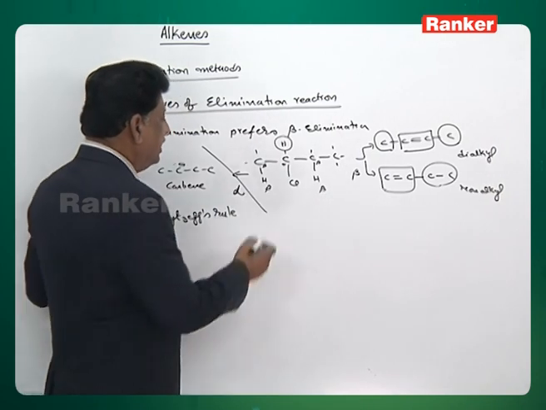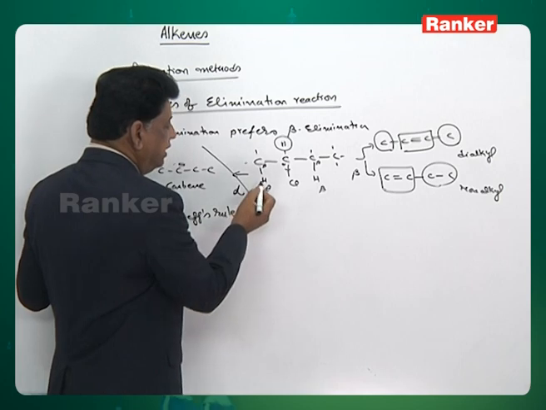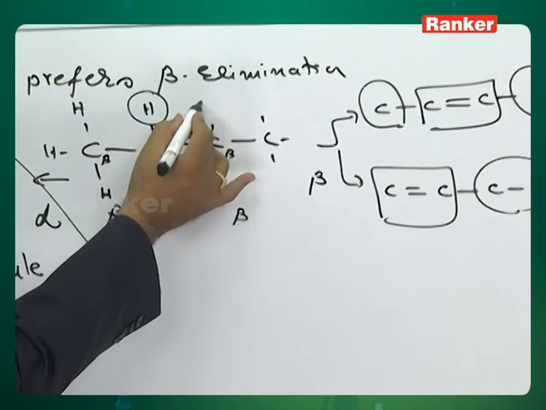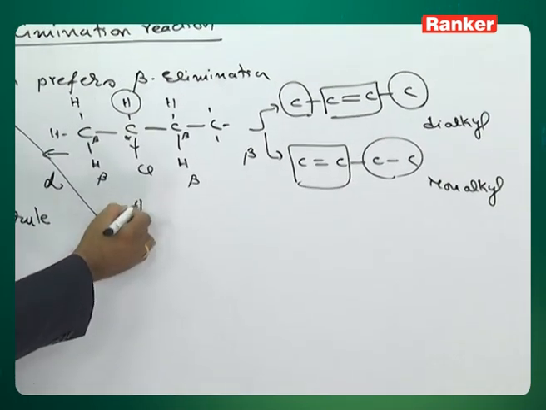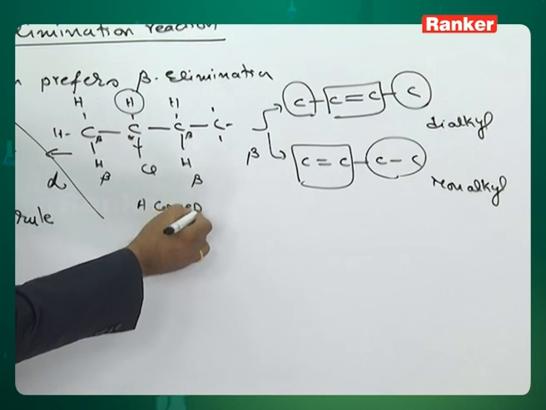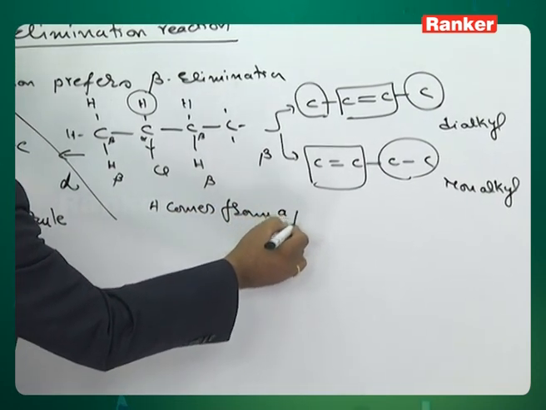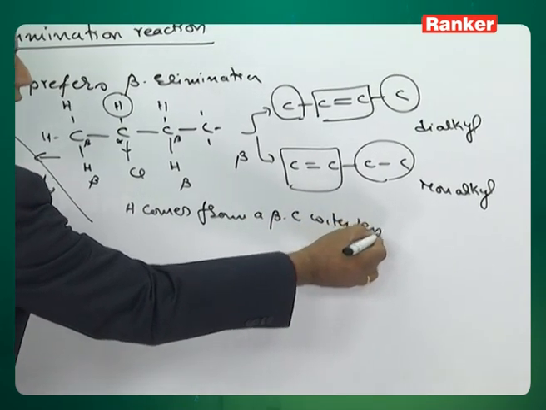This is one way of definition. Or if Cl is taking, this is the only Cl, but which hydrogen? Here there are 3 hydrogens, here 2 hydrogens are there. So, you can also define it like this: H comes from a beta carbon with a smaller number of hydrogens.